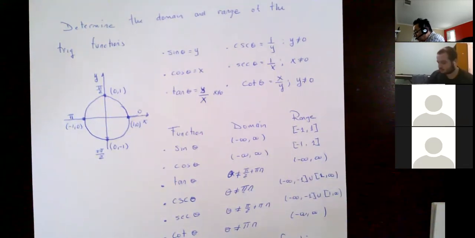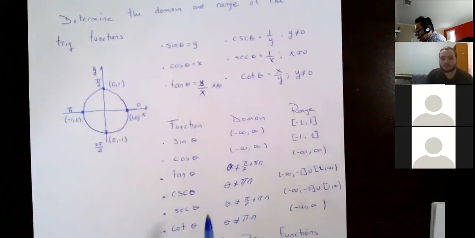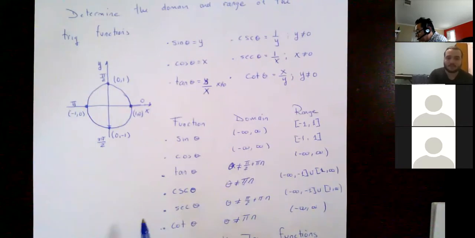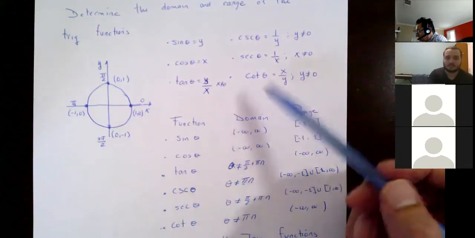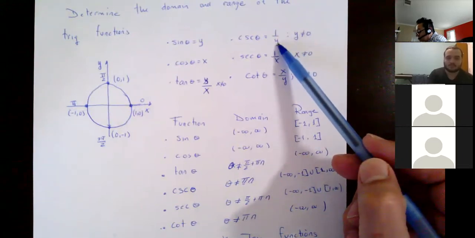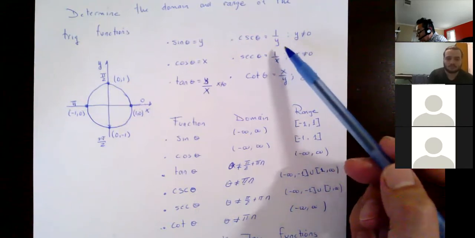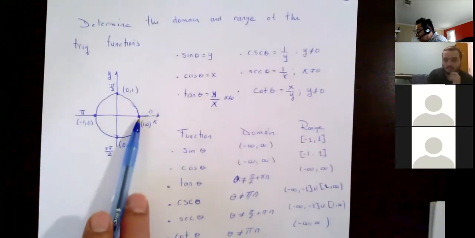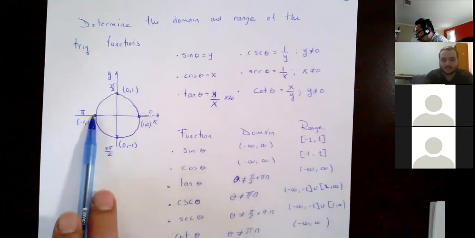So let's continue with the cosecant. If we go back to the definition, the cosecant of theta is the reciprocal of the sine. Since it's the reciprocal of the sine, the cosecant does not exist at 0 and pi.